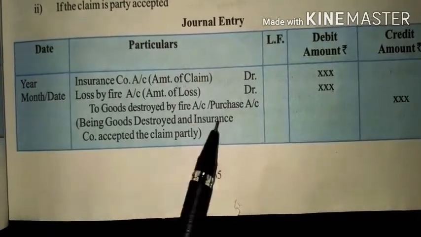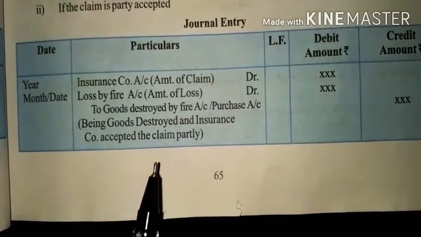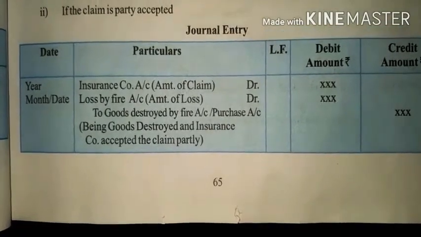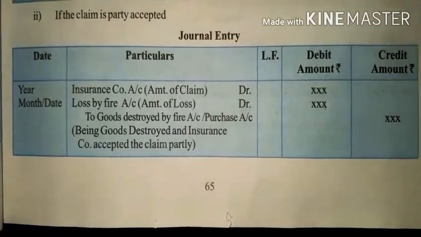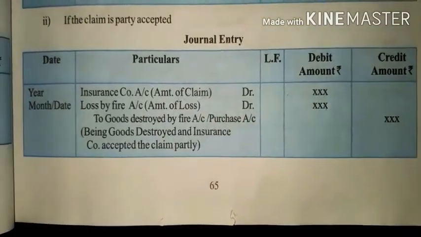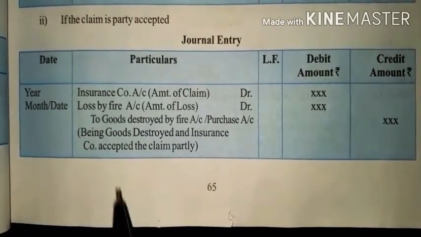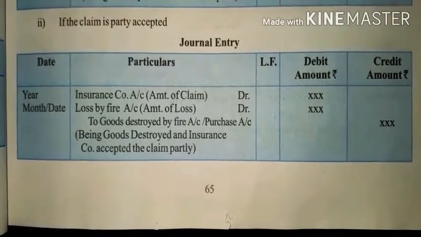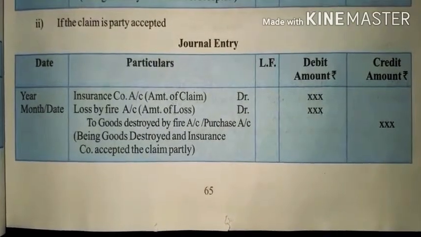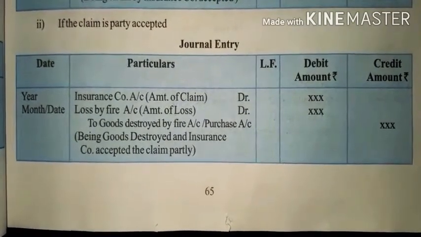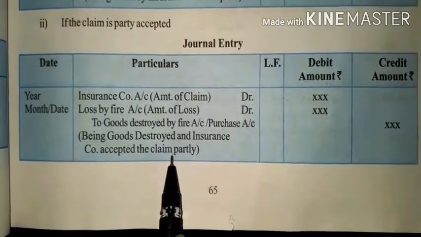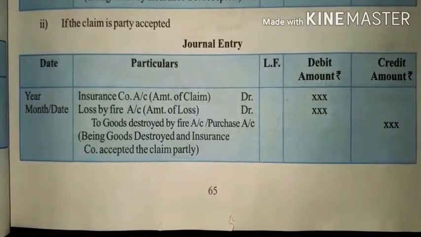Narration: Being goods destroyed, insurance company accepted the claim partly. Since you have requested the claim partly from the insurance company and the insurance company has accepted that partial claim, it is a very simple narration you have to write down. Being goods destroyed, insurance company accepted the claim partly. You have to mention this word partly.